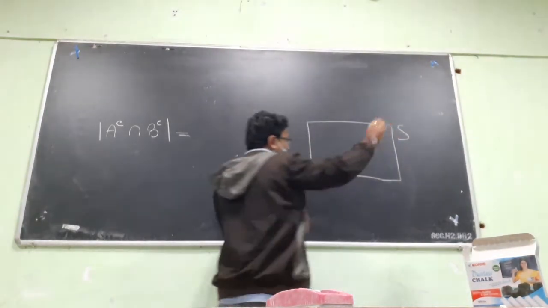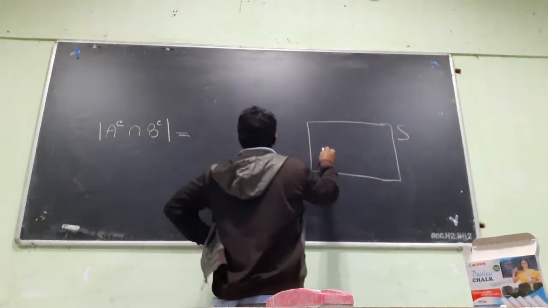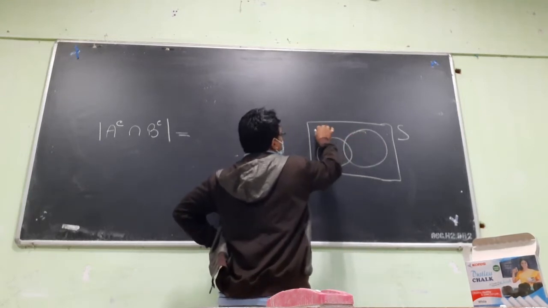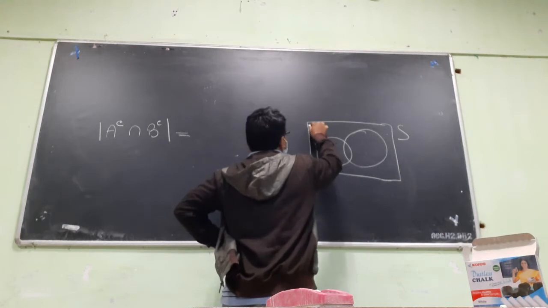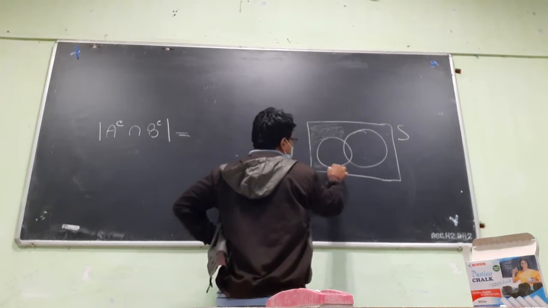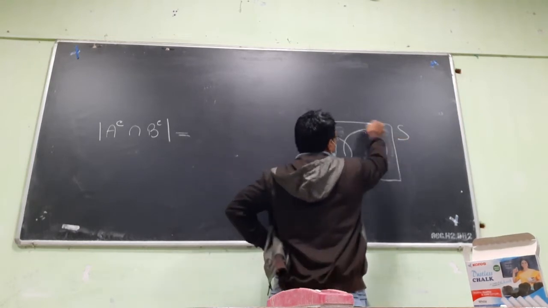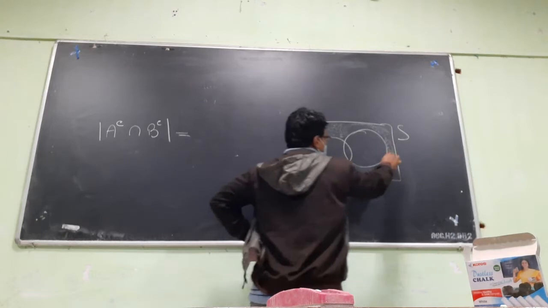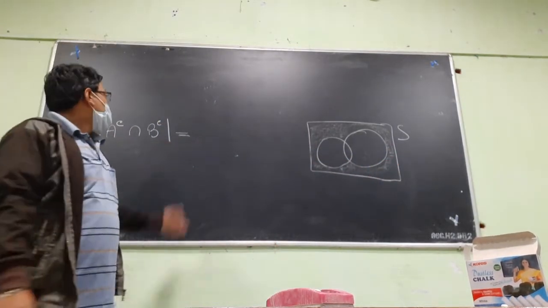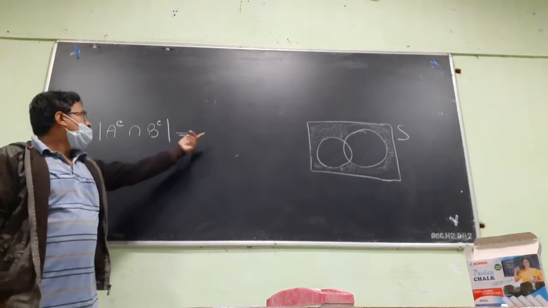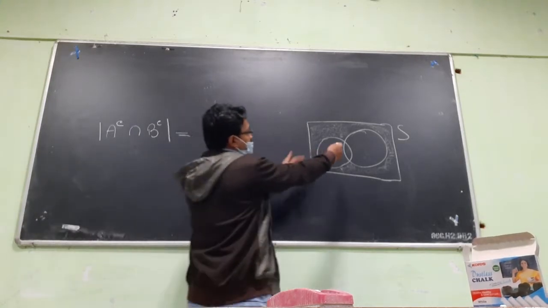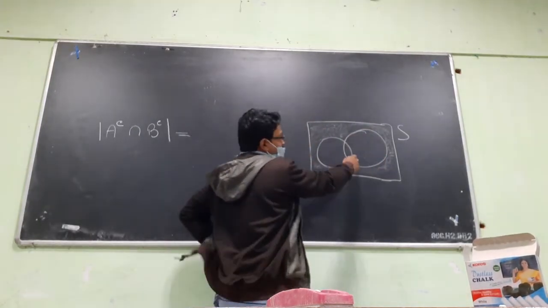S is the universal set, A is this set, and B is this set. So A complement intersection B complement is the portion which is not there in A and also not there in B. When these are finite sets, this portion is the same as A union B whole complement.